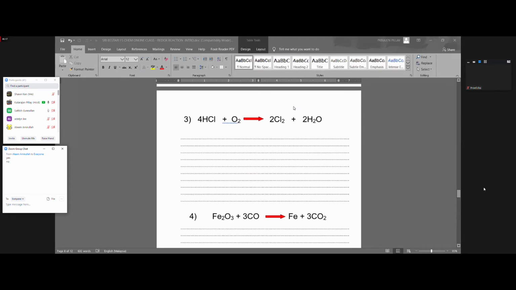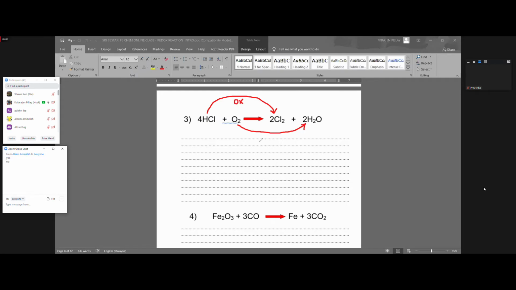We'll try this one now first. You see here, I'll guide you. This one is 1, and this one is 1. Look and see, it has lost hydrogen. Correct or not? When you lose hydrogen, it is oxidation.